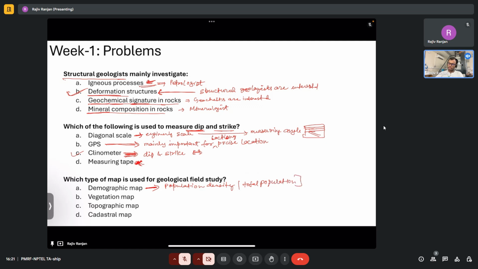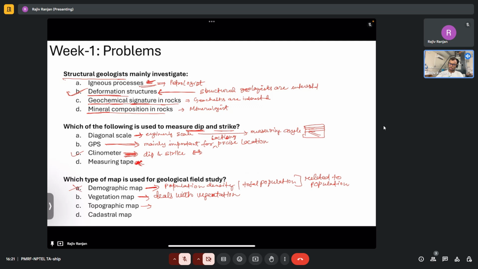So overall, it's related to populations. A vegetation map deals with vegetation, right? And topographic map.